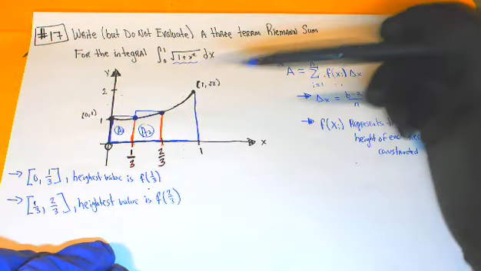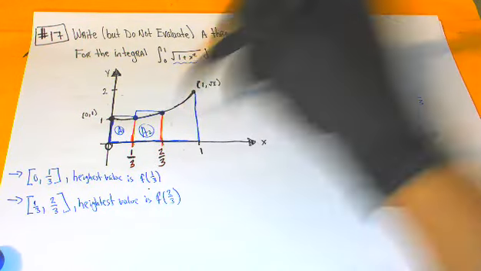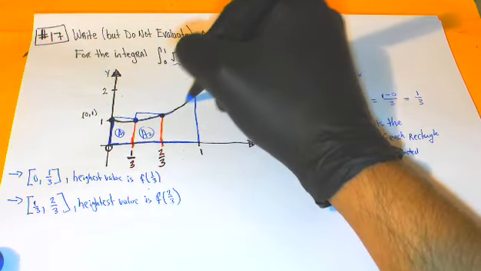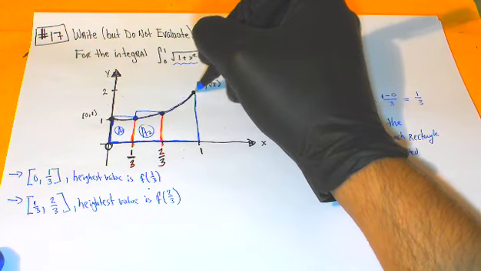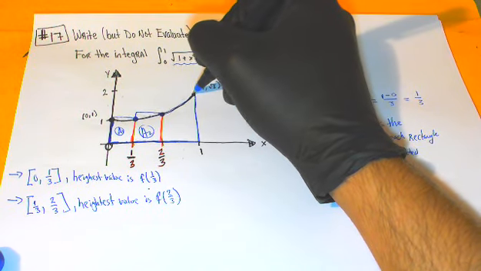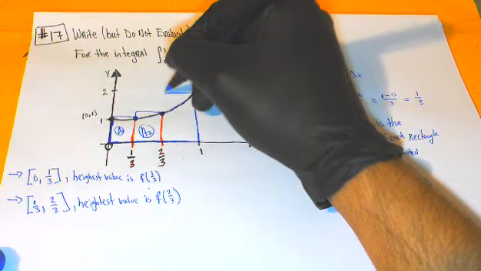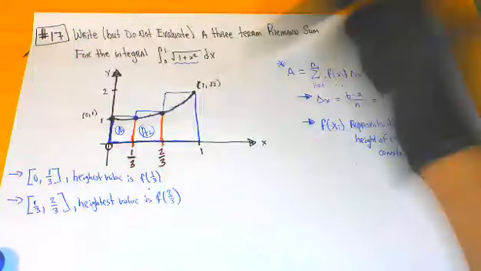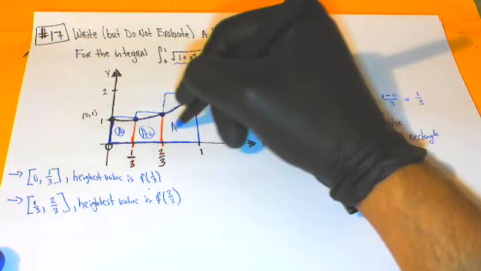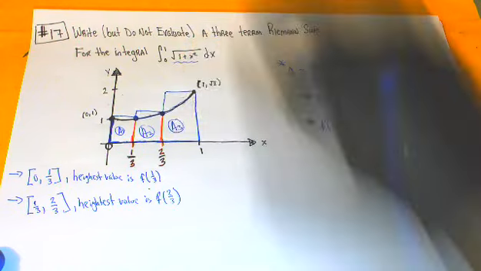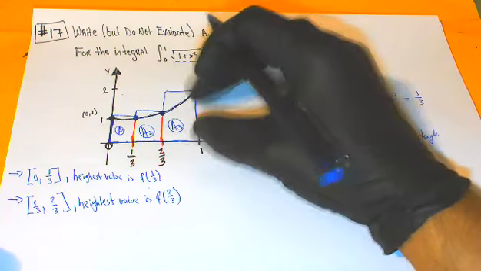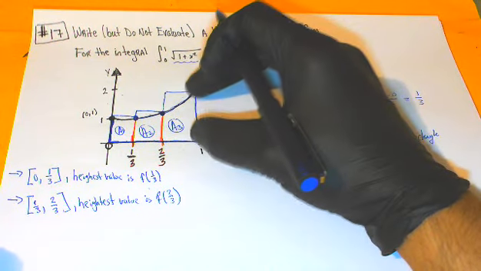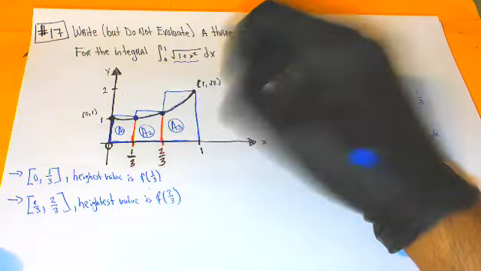Now, finally, from 2/3 to 1, we can see that clearly the highest value is going to be at 1. So I'm going to create a rectangle that has a height of f of 1, which is the square root of 2. So this will basically be rectangle 3.